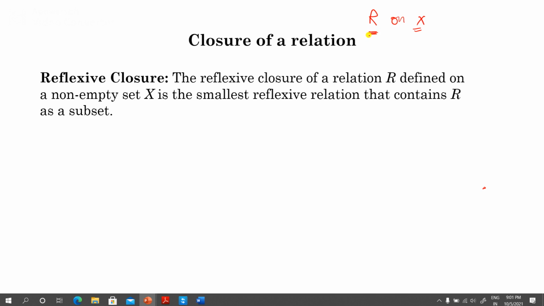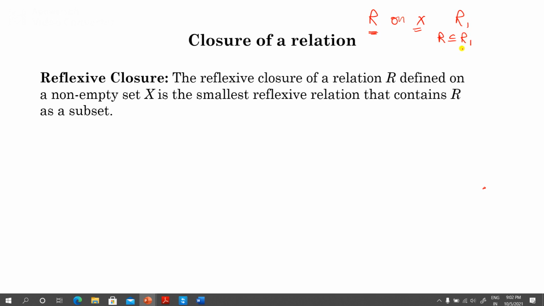It means some elements are missing from R. Now we have to add some elements to relation R to make it reflexive or a particular kind of relation. So we will get a superset of R. Suppose the superset is R1. We have added some elements in R, then we get R1. So you can say R is a subset of R1.